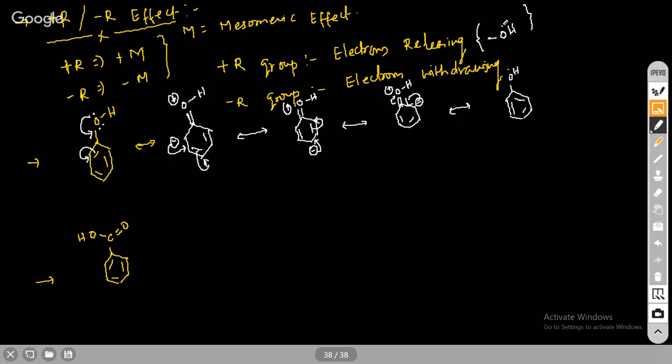Understood this? You write down this point somewhere. If the group attached to the ring contains a lone pair or negative charge on it, then it behaves as an electron releasing group.